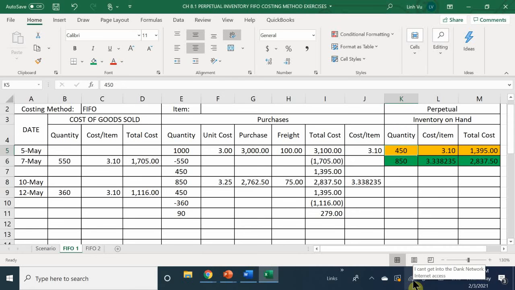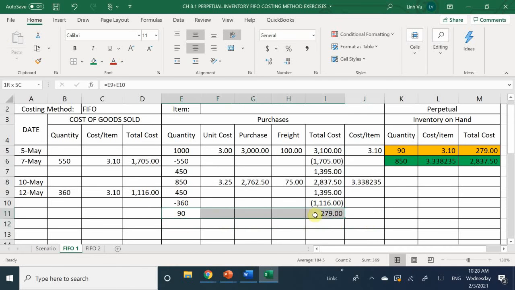So in this case, I should have 90 items left. That should give you $279, which is exactly what we calculated right here. So you can highlight this orange so you can keep track of it this way if you like. It's preference. In this case, I'm not going to do it just because I have it up here. Okay, so here I should have 90 left.